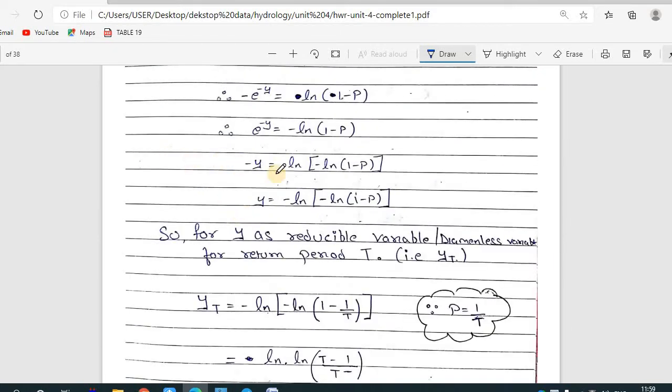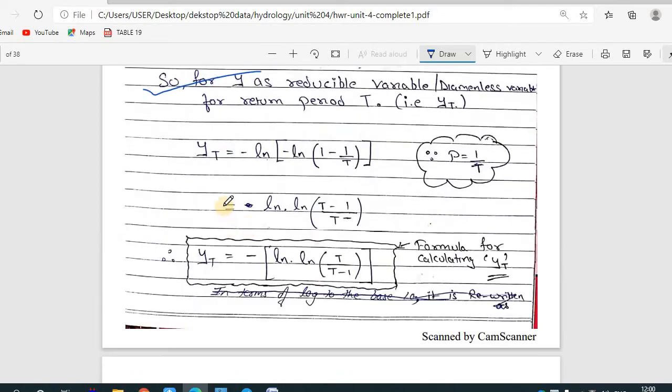Replacing the minus sign, we move it to the other side. So the final equation for y, the reduced dimensionless variable for a return period of T, is y_T equals minus ln of minus ln (1 minus P). As I told you, P can be written as 1 by T, so y_T equals minus ln ln of (T minus 1) by T. This is the formula for calculating y_T.